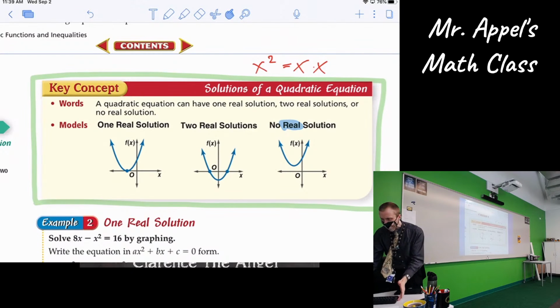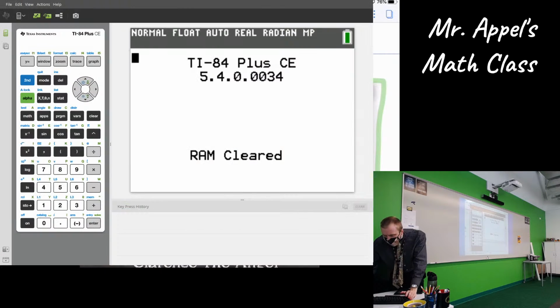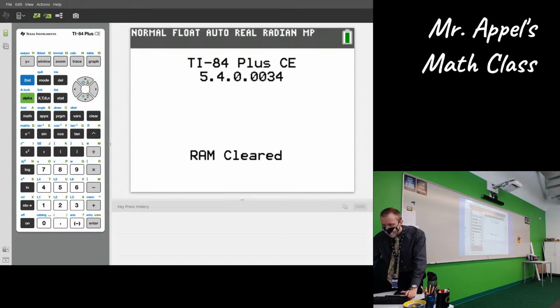I have the calculator app. Let me get it on screen. There it is. Turn that screen off.